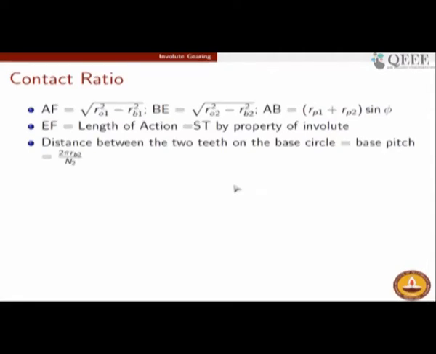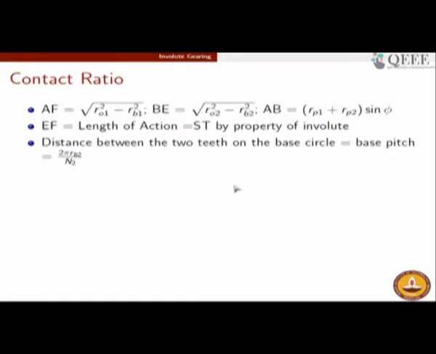Now what we want is, what is the distance between the two teeth on the base circle. We remember the definition of circular pitch. The circular pitch was the distance between two teeth on the pitch circle. Here this is one geometrical terminology which will be referenced not with respect to the pitch circle but with reference to the base circle.